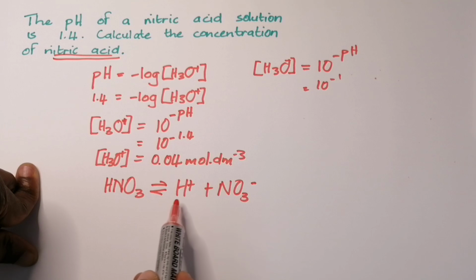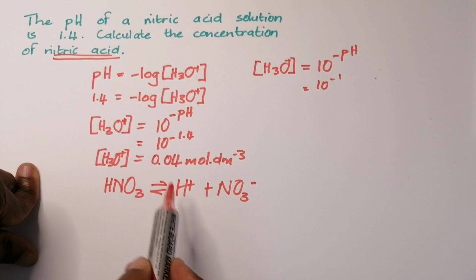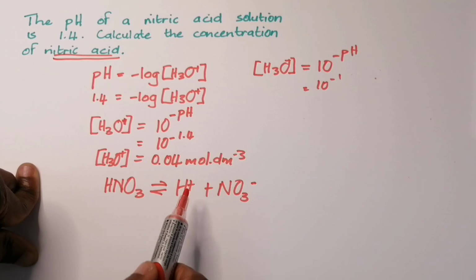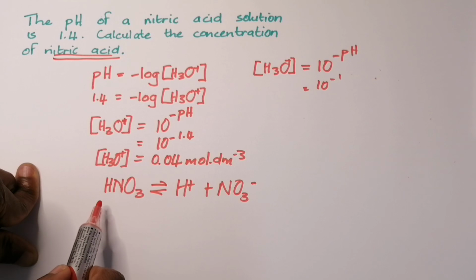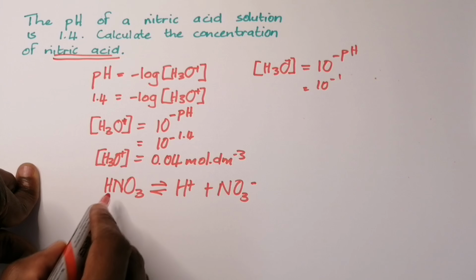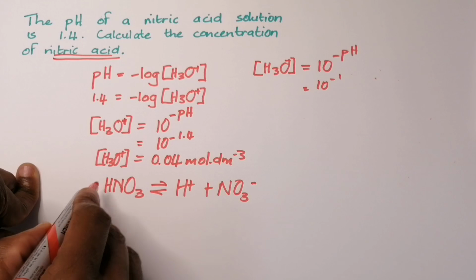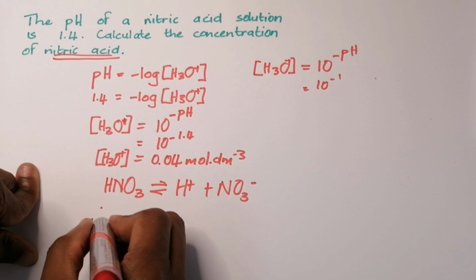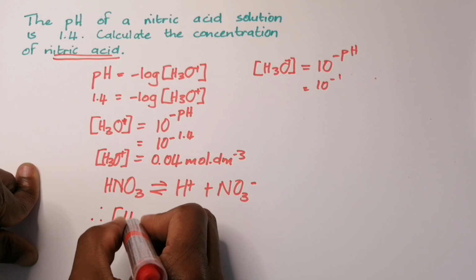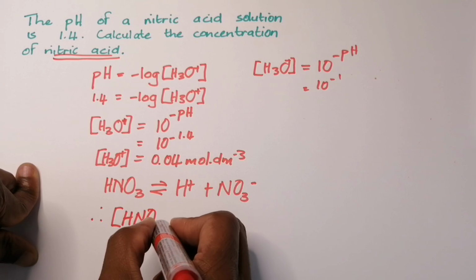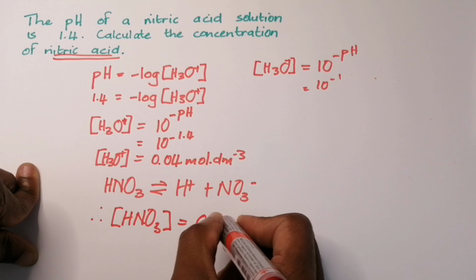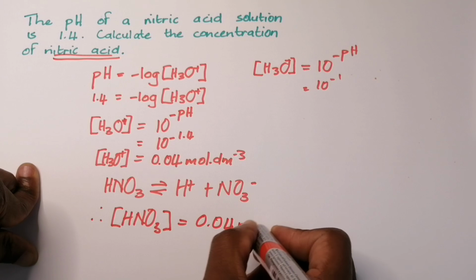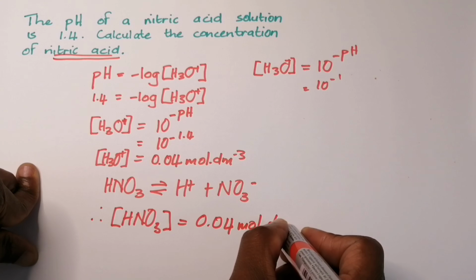It means the concentration of my hydronium ions, in the same volume, will be the same as the concentration of my nitric acid. Why? Because it is 1 to 1. So as a result, I can say, therefore, the concentration of HNO3 should also be equal to 0.04 moles per cubic decimeter.